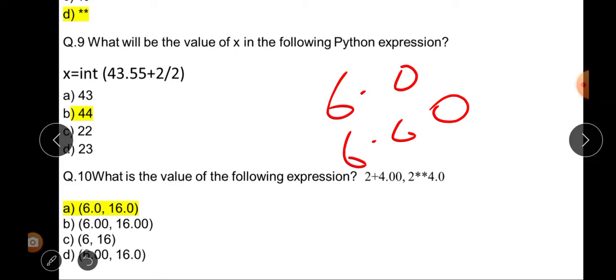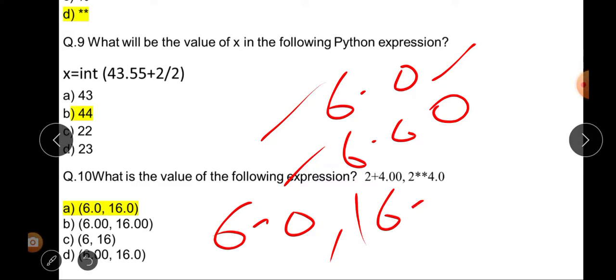Both 6.0 and 6.00 are float values, but in such a case we always take the minimum representation of a float value. So our answer should be 6.0. So the answer is 6.0 comma 16.0. That is the answer.